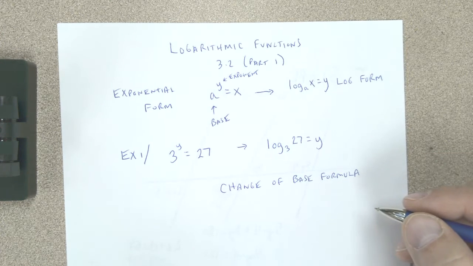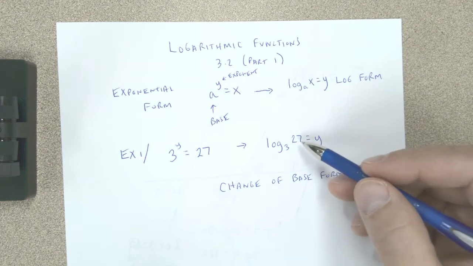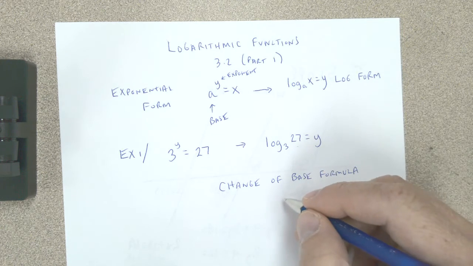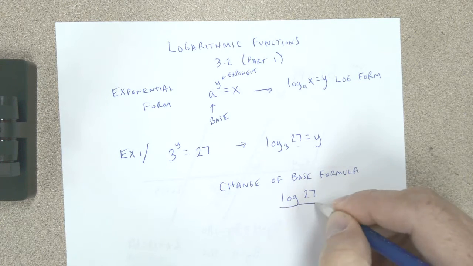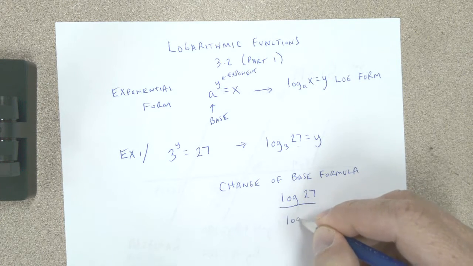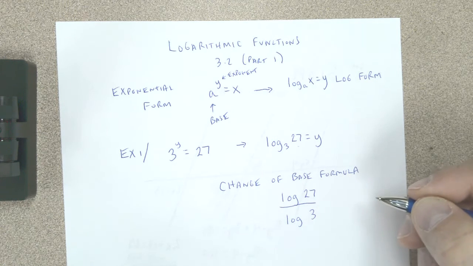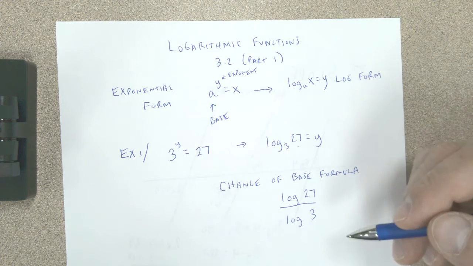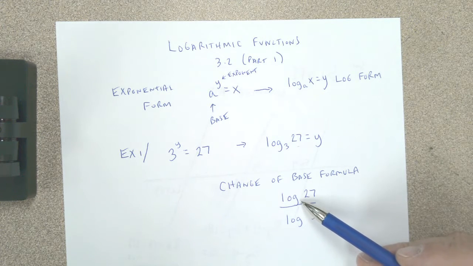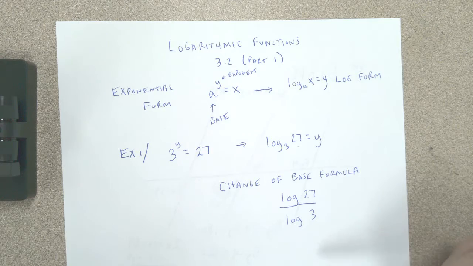We would say the log of 27 over the log of 3. So that's if we were typing it into our calculator in terms of base 10.